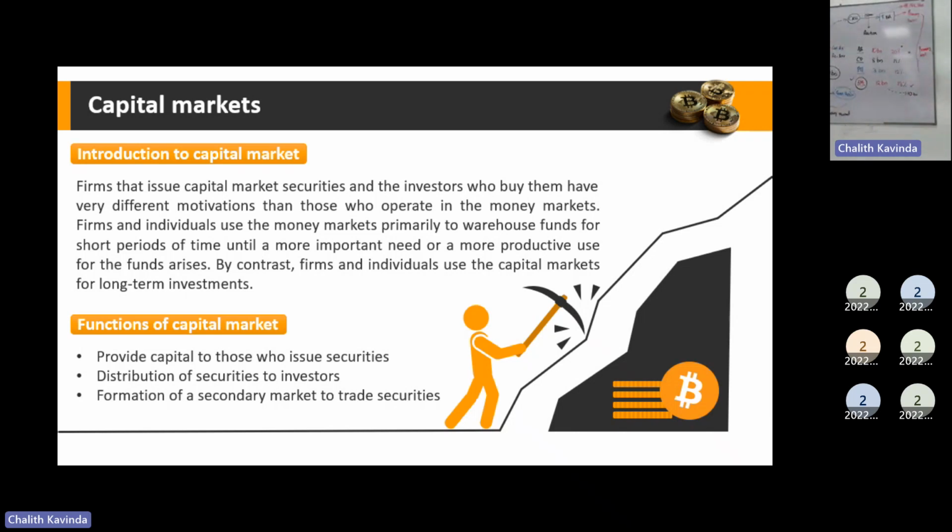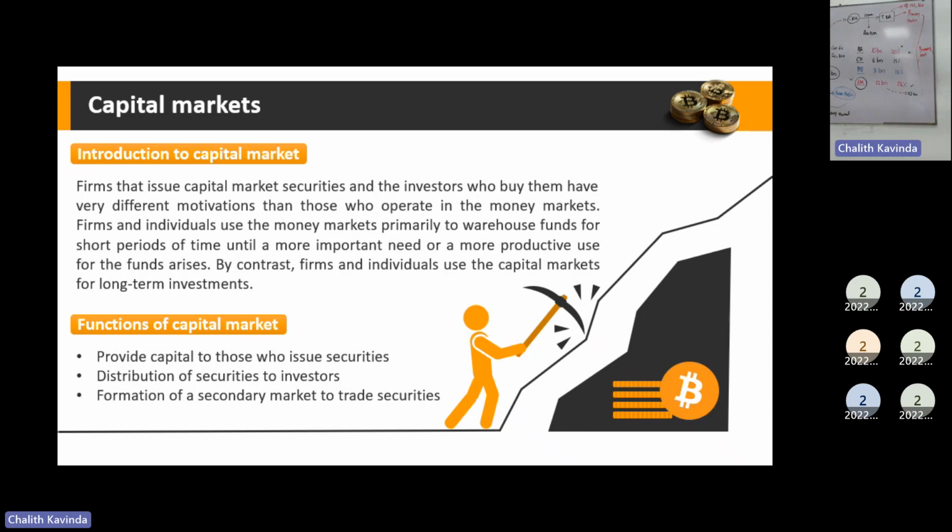If you are going for a longer term investment, it is considered a capital market activity. The firms that issue capital market securities and the investors who buy them have different motives than those who operate in the money markets. As we discussed at the very beginning, if you invest in money markets, you are looking for a quick return.